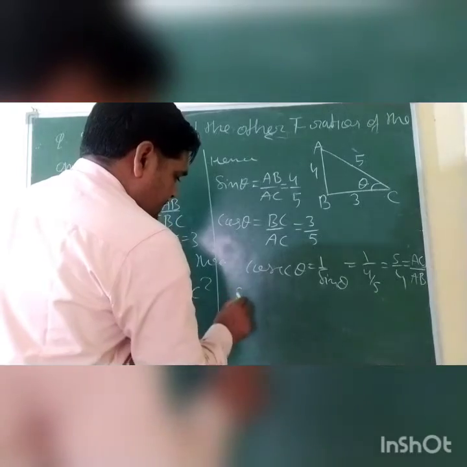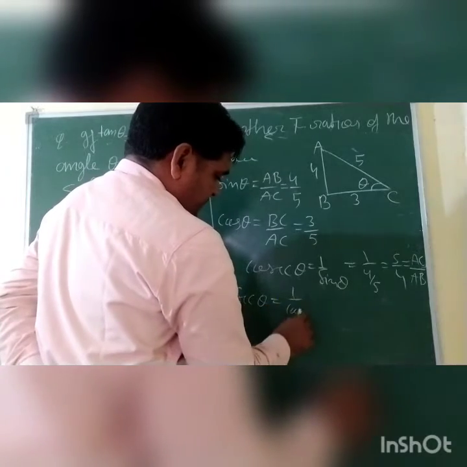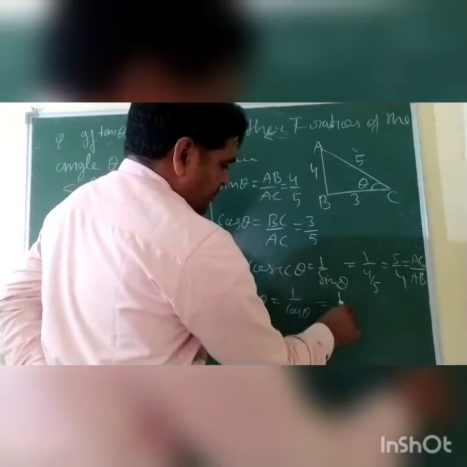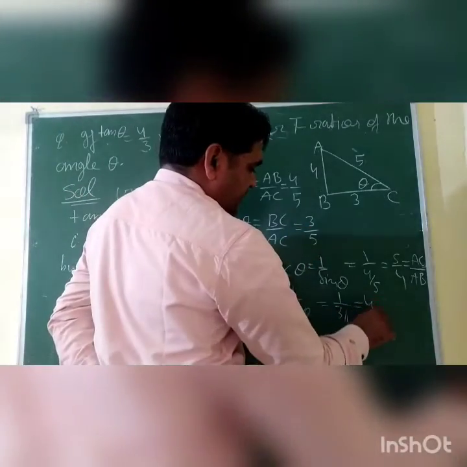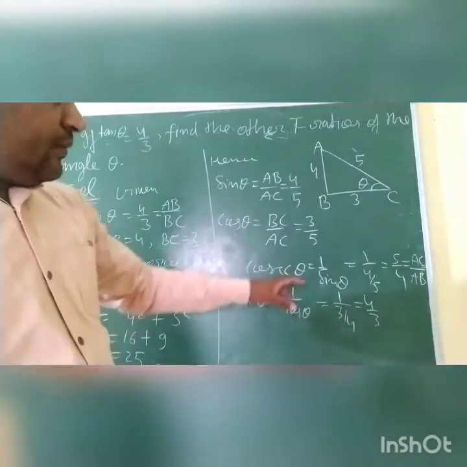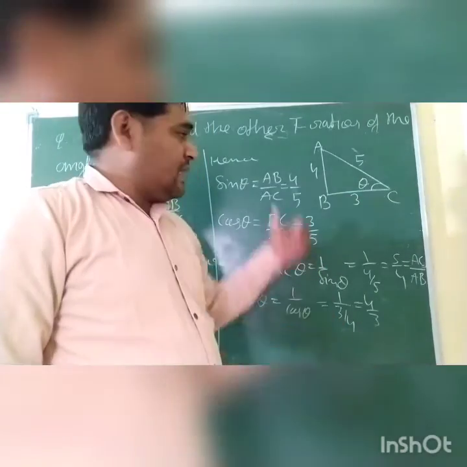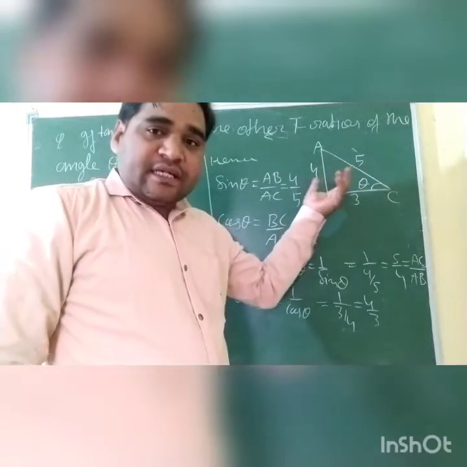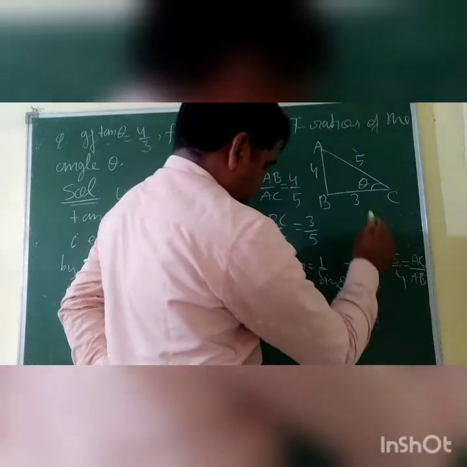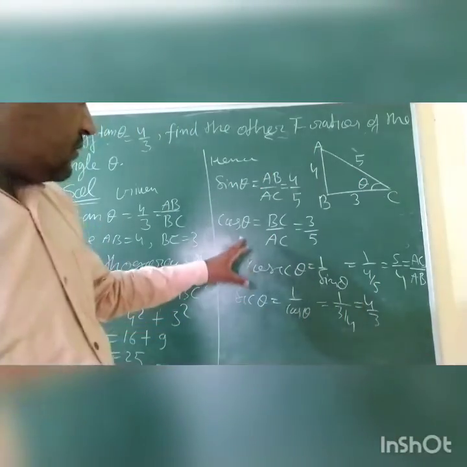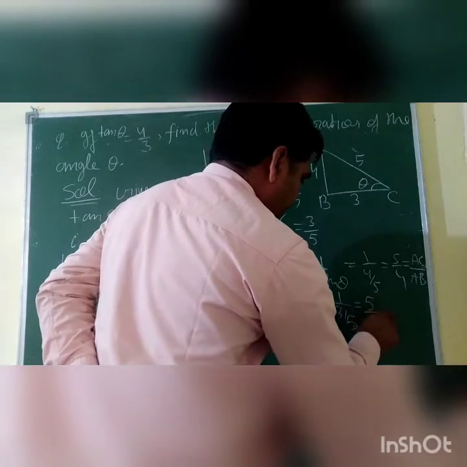Similarly, sec theta equals 1 upon cos theta, which is 1 upon 3 by 5, equal to 5 by 3.